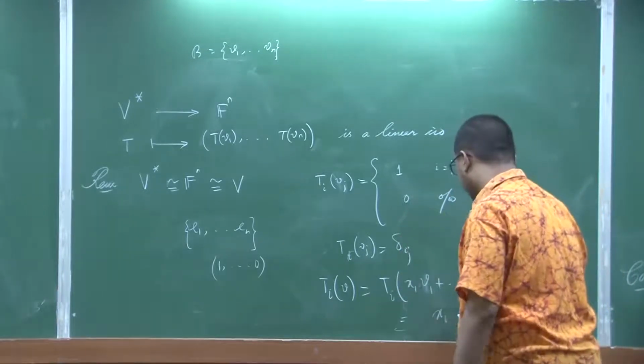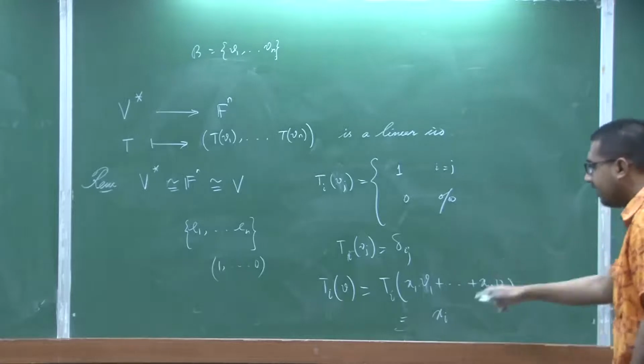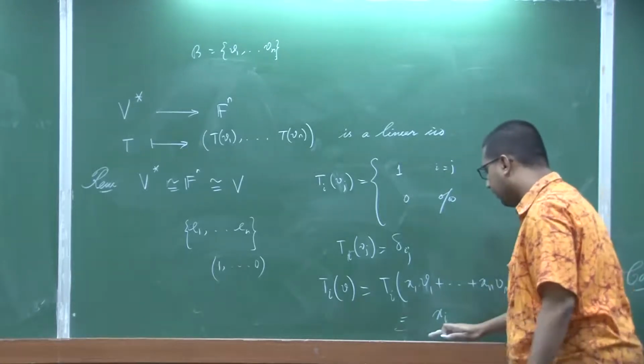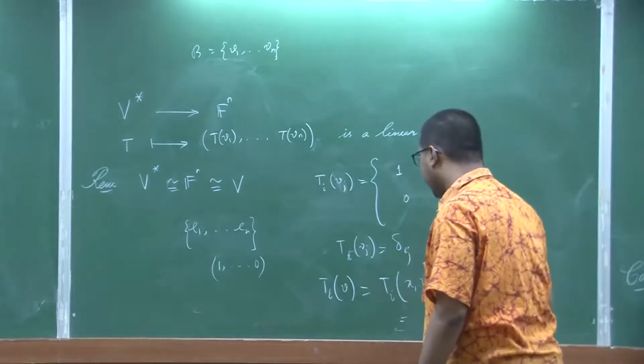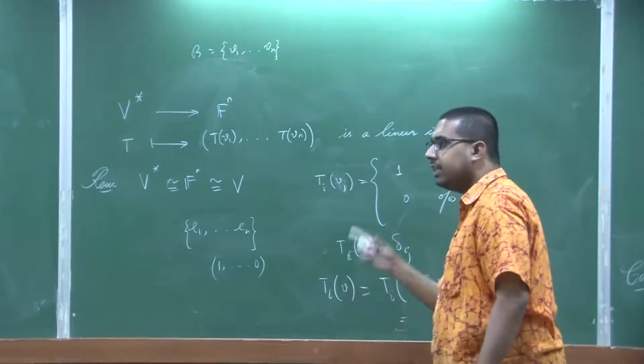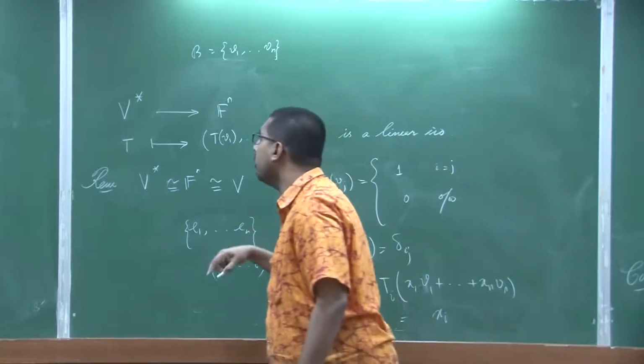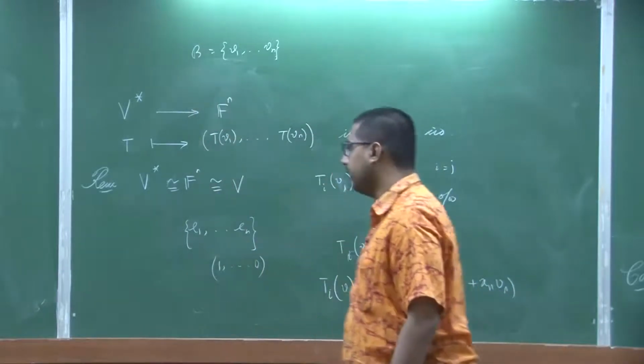Once it survives it becomes 1, this will be xi. Therefore, Ti is the map which sends each vector to its ith coordinate with respect to the ordered basis, right.